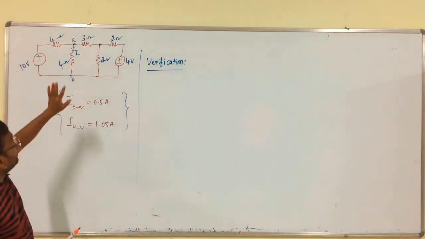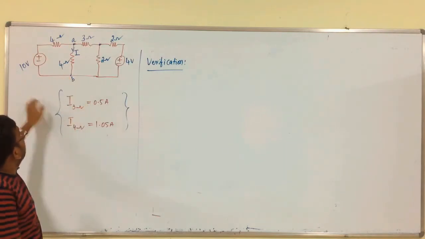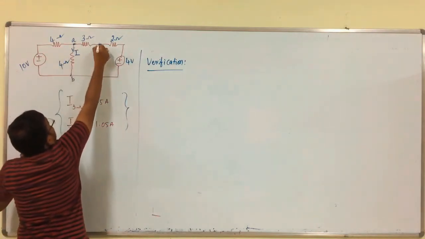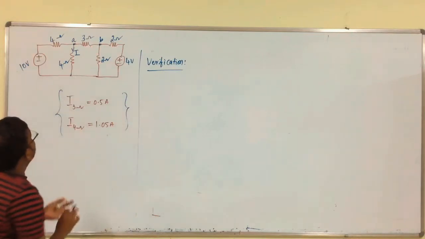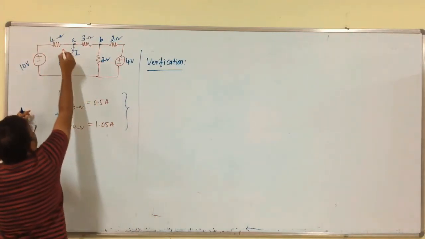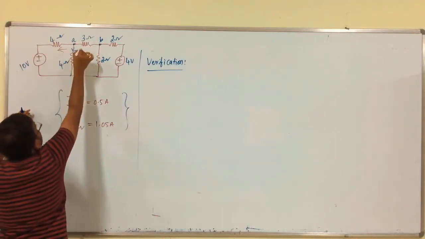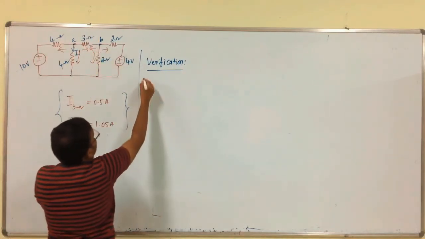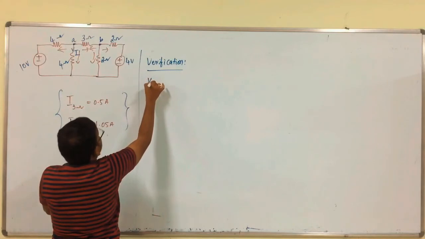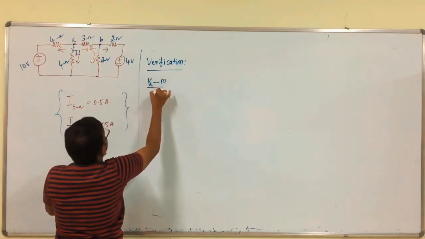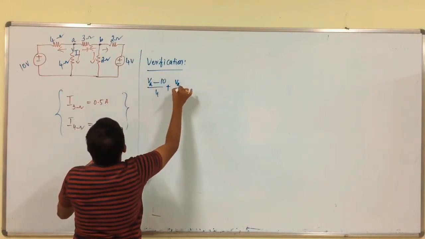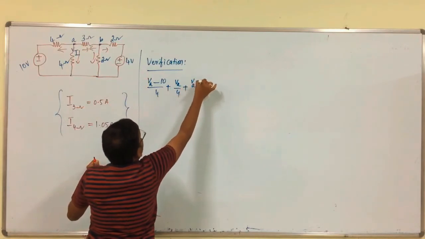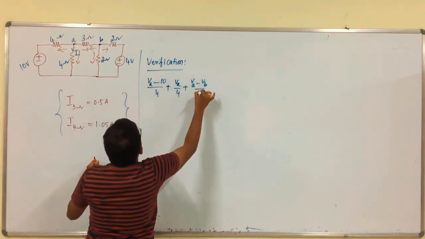So, from the circuit, this is node A, this is node B. Okay. So, at this node, leaving, at node A, that is VA minus 10 by 4 plus VA by 4 plus VA minus VB by 3.